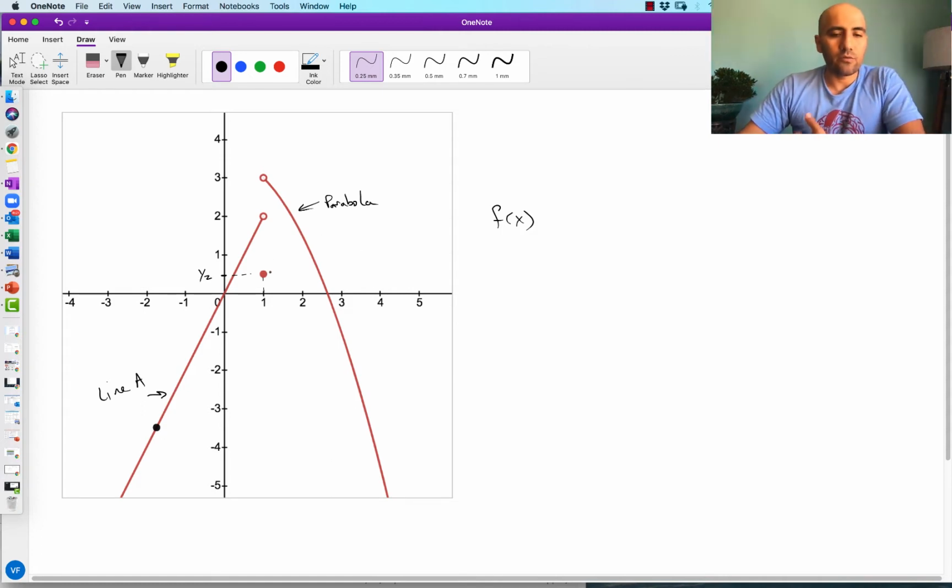So if I wanted to describe this graph, it would be something along these lines. It would be line A whenever the input values are strictly less than 1. So this would be for cases when x is strictly less than 1. For cases when x is strictly greater than 1, we would follow this parabola over here.